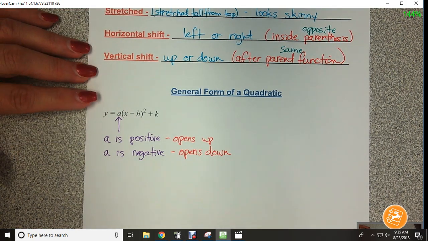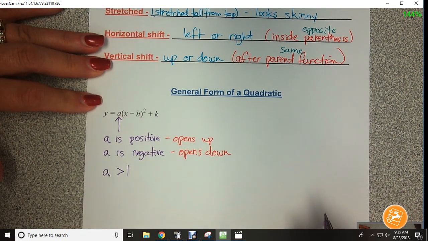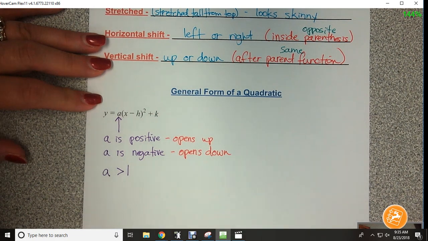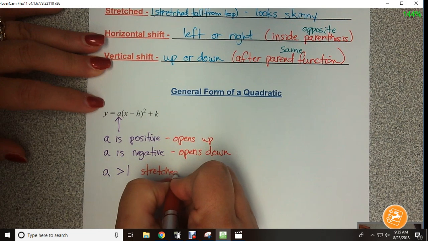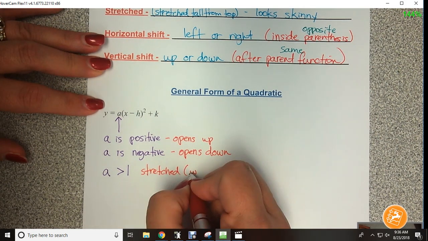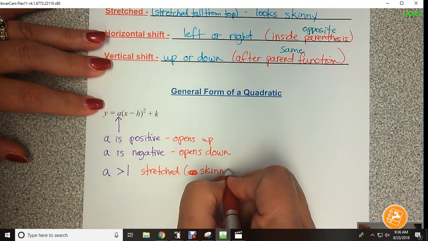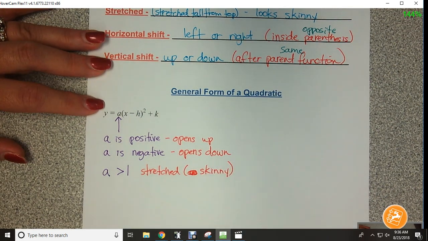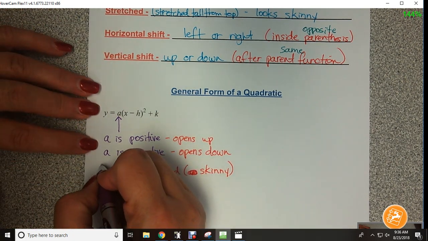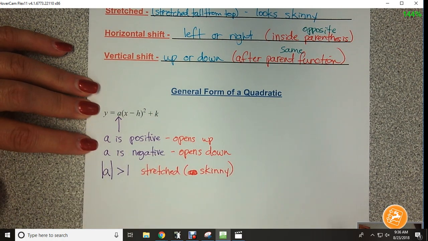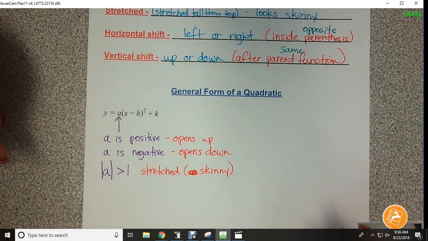A couple of other things about the A value. If A is greater than 1, then it is going to be stretched. It's going to look tall and skinny. Okay. And your book doesn't just say A is bigger than 1, it says the absolute value of A. And they do that because when I'm deciding this, I don't look at whether A is positive or negative.